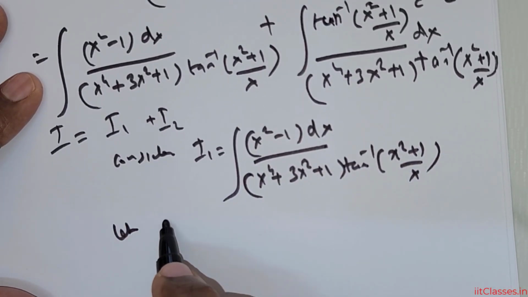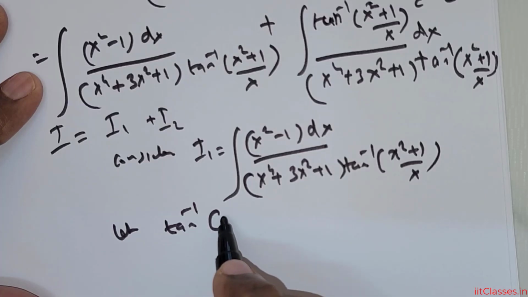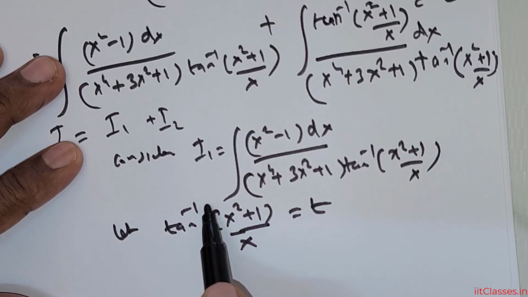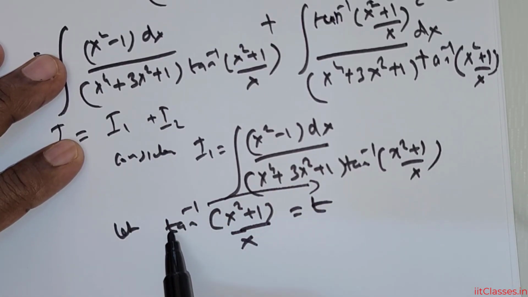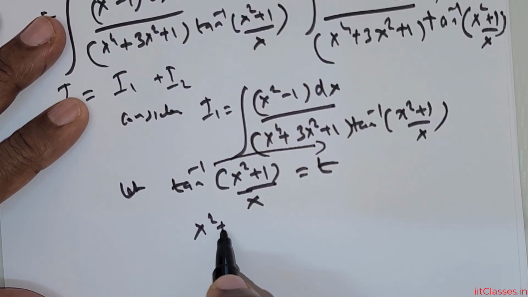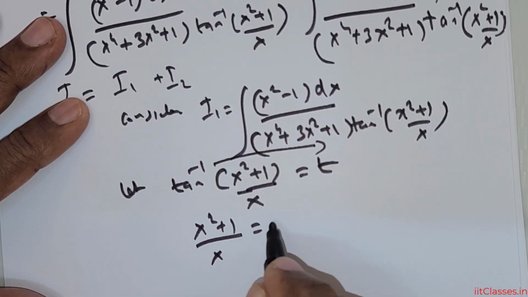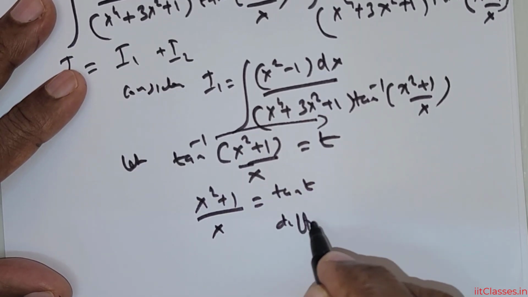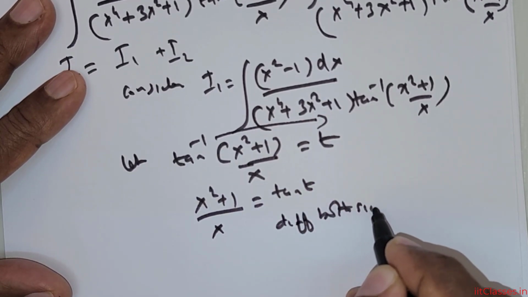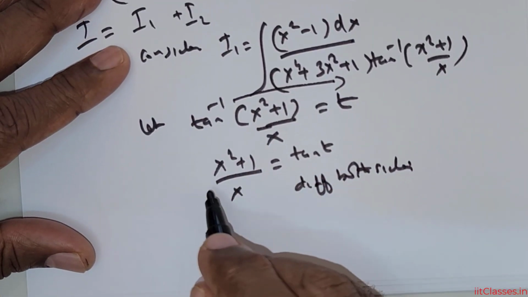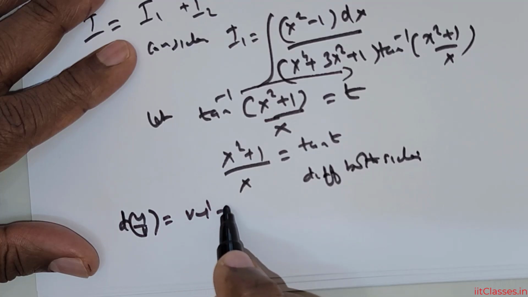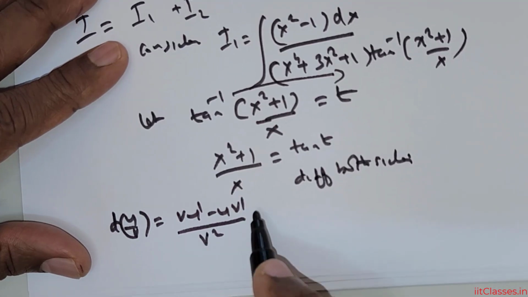So now I will make a substitution. Let tan inverse of (x squared plus 1)/x be equal to some t. Move tan inverse to the other side, so you get (x squared plus 1)/x is equal to tan t. Now differentiate both sides. This is the u over v formula: the differentiation of u over v is (v times u dash minus u times v dash) divided by v squared.